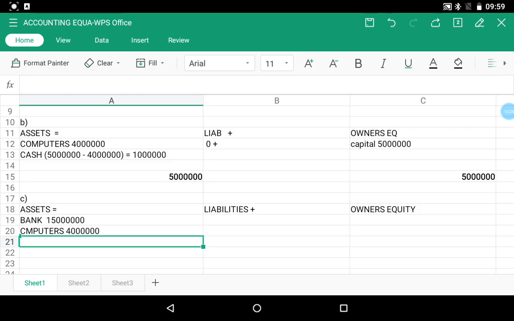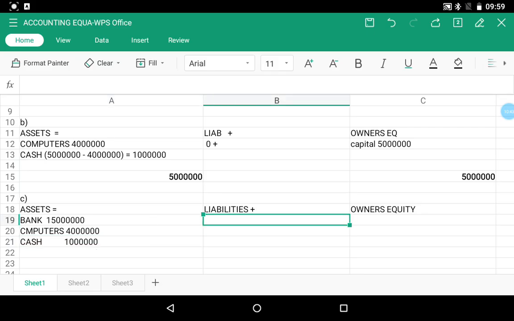Also, we still have cash. Remember, after buying computers, we remained with cash of 1 million. Is equal to, and that's what we have under assets.